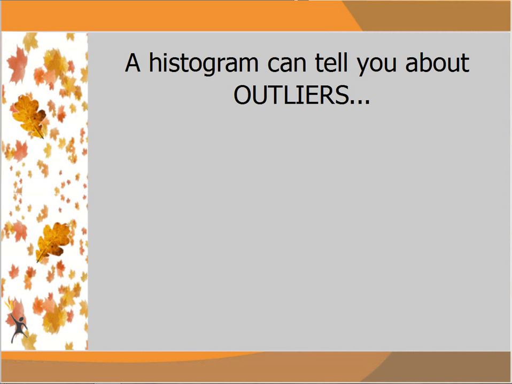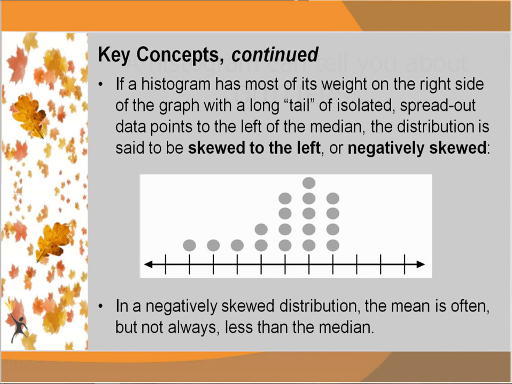A histogram can also tell you about outliers. So here's something important with our outliers in a histogram. I have some outliers in this histogram that are off to the left-hand side. That makes a little tail on the left-hand side of my histogram. That left-hand tail makes this histogram skewed to the left.